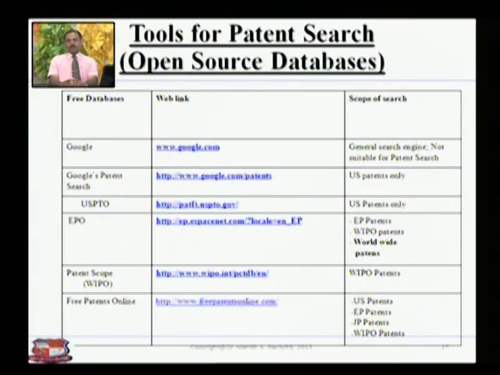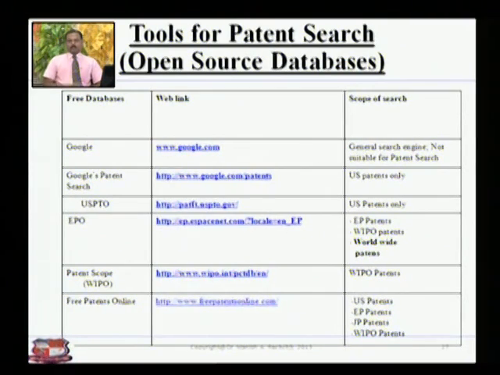So this is something very interesting and a very important tool that you have to understand, that you have to learn, and it is also given in the module 2 material which is circulated on our GTU website. How to go step by step in utilizing these worldwide patents using the EPO database.